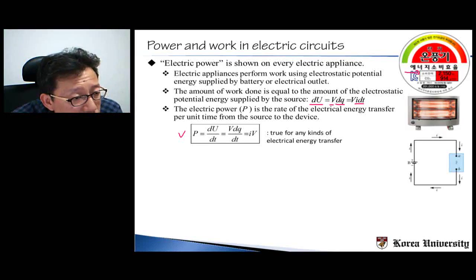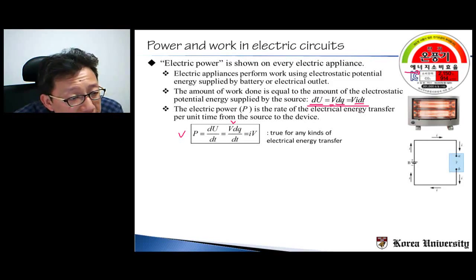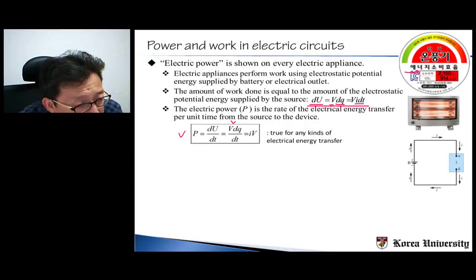P is equal to the time derivative of the energy, of course. And we have seen in the above equation, dU is equal to V dq. So assuming that V is not changing very much for this infinitesimally small period of time, dq divided by dt will be the current.